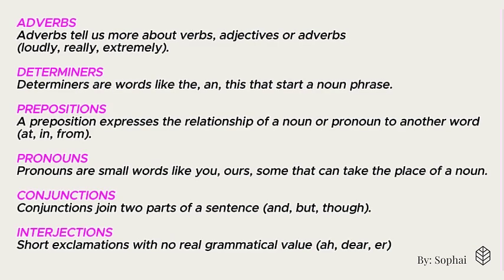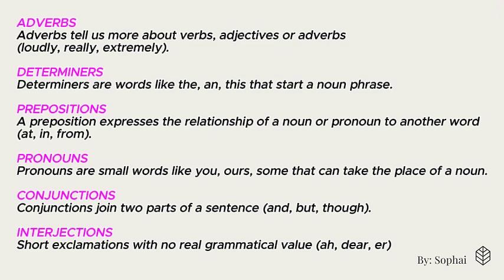Adverbs. Adverbs tell us more about verbs, adjectives or adverbs: loudly, really, extremely. Determiners. Determiners are words like the, and this that start a noun phrase. Prepositions. A preposition expresses the relationship of a noun or pronoun to another word: at, in, from.